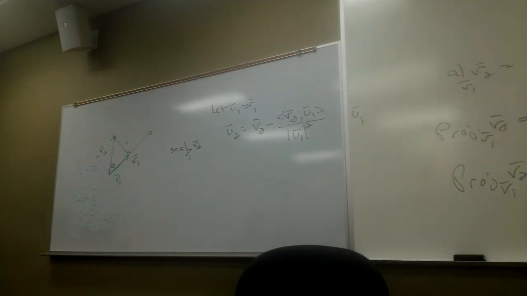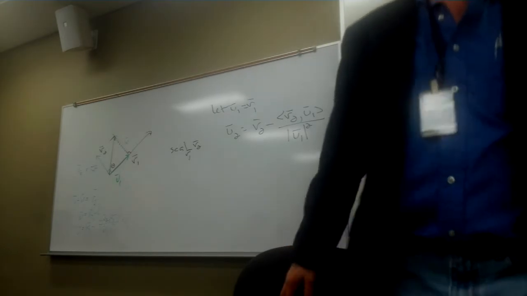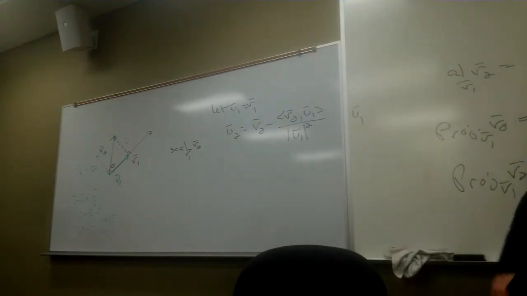In this fashion, my U1 bar and U2 bar will be vectors that are orthogonal to each other. So this is just some case where U1 bar is equal to V1 bar. The first case is really easy, I'll just set them equal to each other.